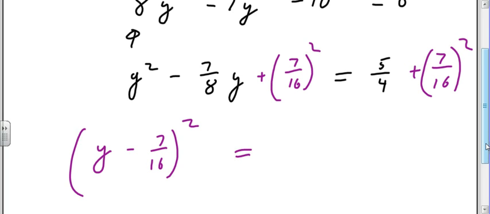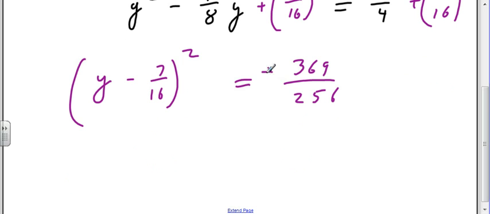And then I'd sort of like that to be in a fraction. Oh, isn't that wonderful? 369 over 256. I think 256 is 16 squared. Do you think it is? Yeah, it is. Okay, so that's good. So that's what I've got.